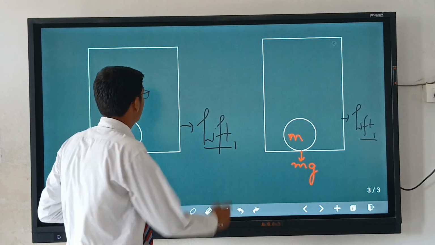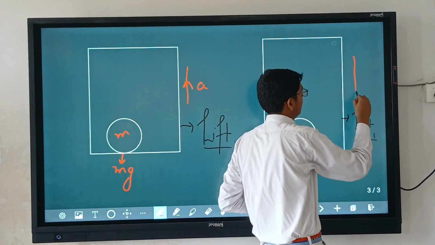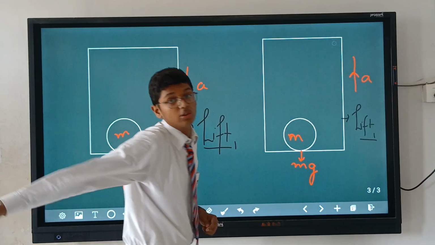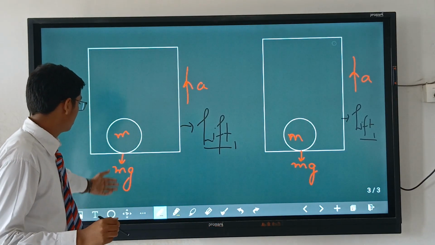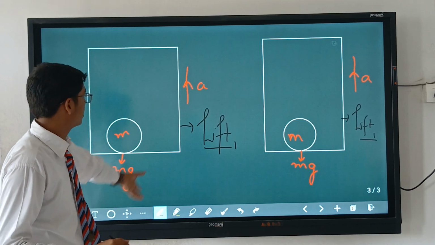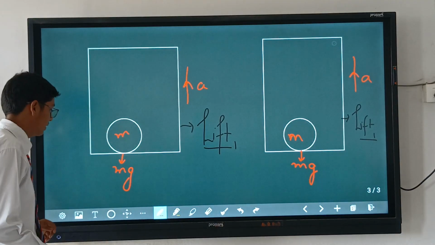I am also saying that these lifts are going upward with an acceleration of a. Now the main concept starts: the block is pushing downward, applying the force, and the lift is going upward. The same case is here.